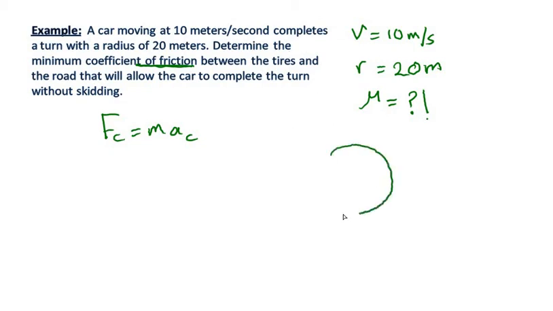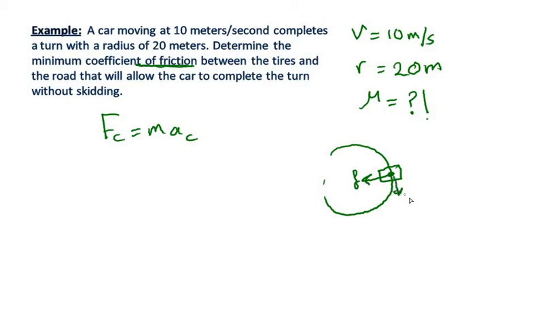If this car is moving in a circular path, the friction is the force that causes the car to move in a circular path. That's why it's somehow hard to drive your car when the road is smooth. So this is the force of friction. It is toward the center.